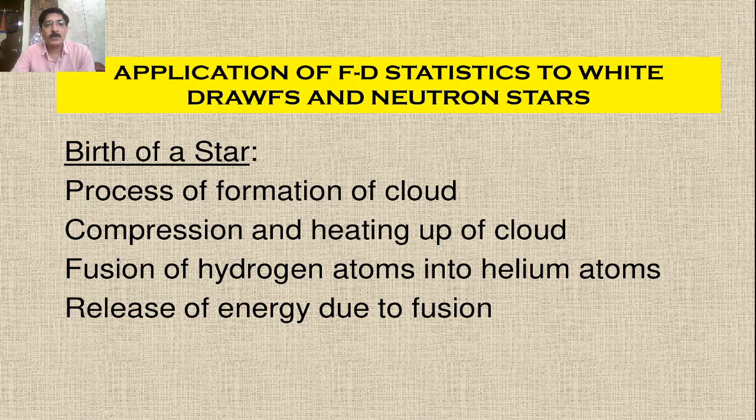Because of this fusion reaction, a large amount of energy will be released, and because of this energy, the star will be shining. That's why we are able to see the cloud becoming a star, and this star is illuminating for millions of years as long as the reaction is going on. So this explains the birth of a star.